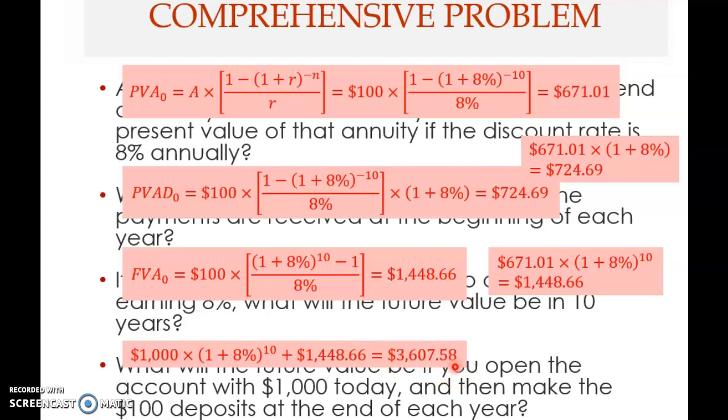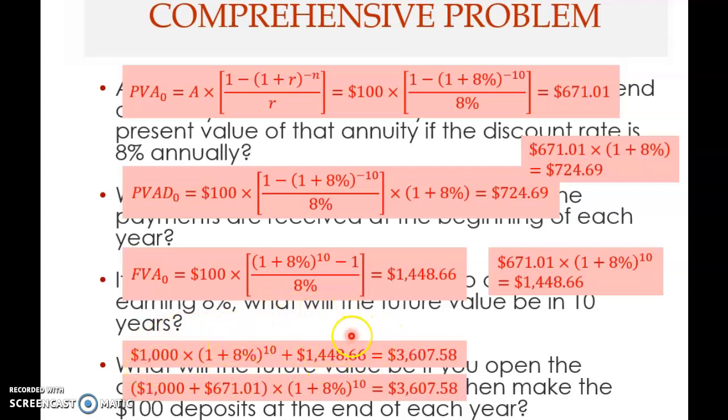There is another method. What you can do is add this 1,000 that you have now to the present value of the annuity. You can add these because they are both present values. You cannot add this and this, because they are not both present values. You can only add the two that are at the same time.